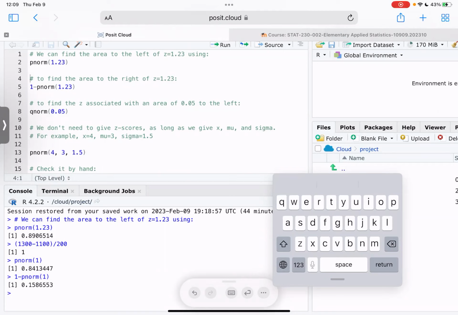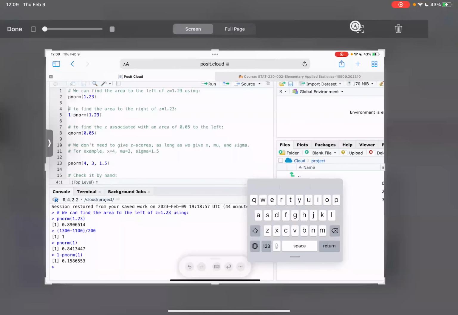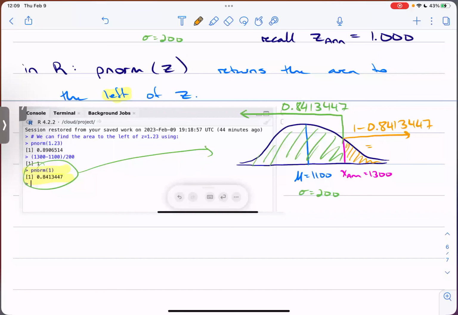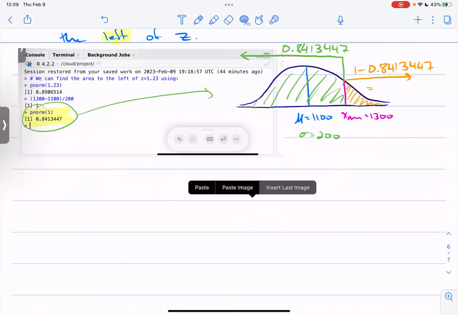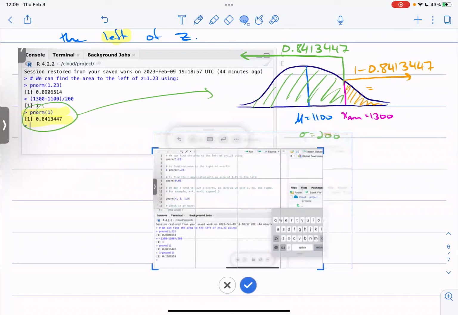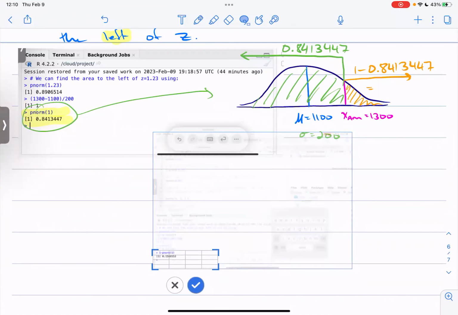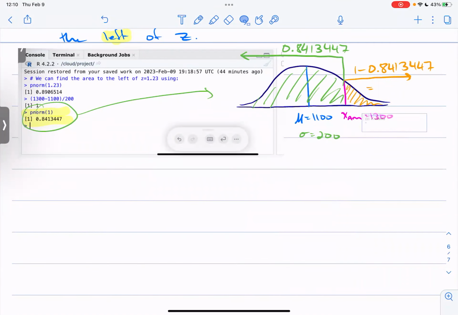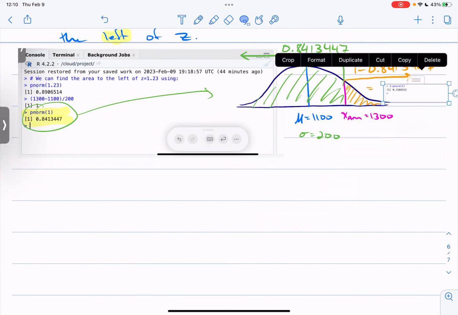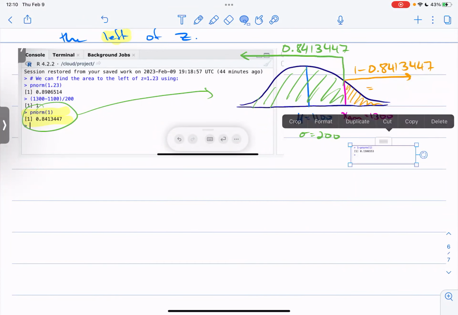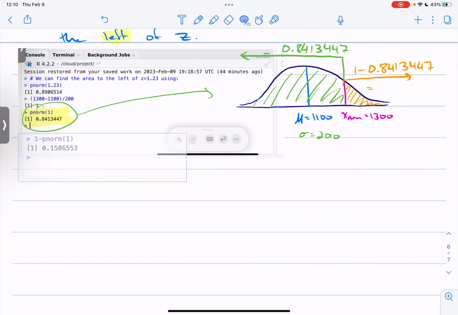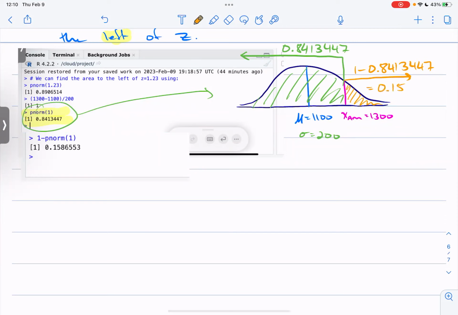And that's the same as just doing it on your calculator, but I'm using this as my calculator because I'm cool like that. So it is 0.1586553.